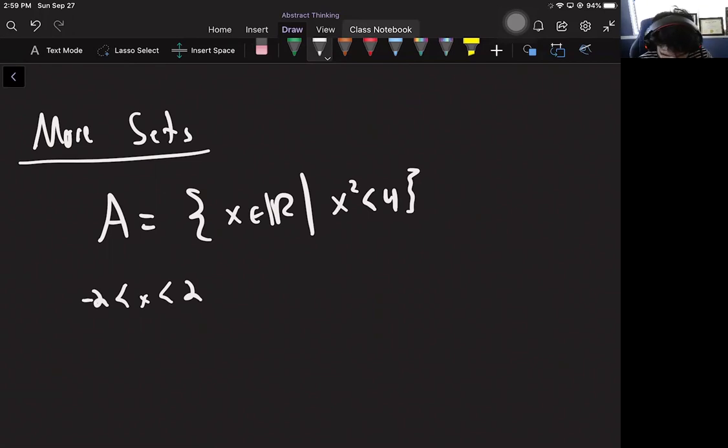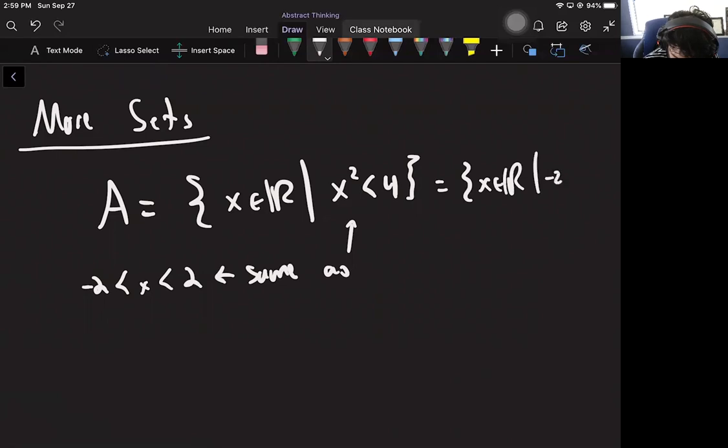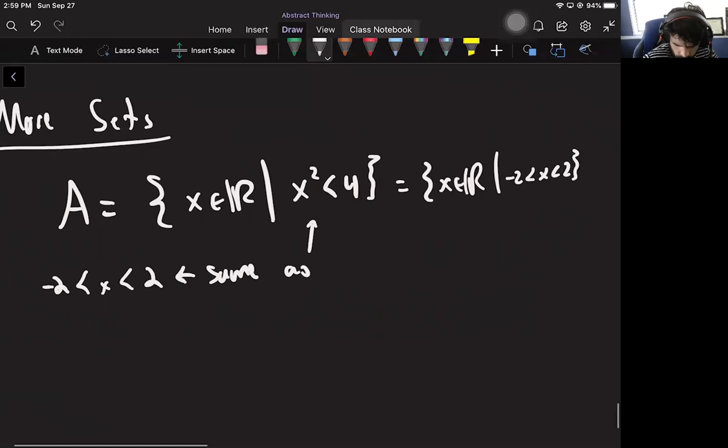So X squared being less than 4 is really saying that X is between negative 2 and 2. So you can describe the same set with seemingly different properties, but it's actually the same. So I could have written it exactly like that instead. So this is just all the numbers between negative 2 and 2, not including negative 2 or 2.